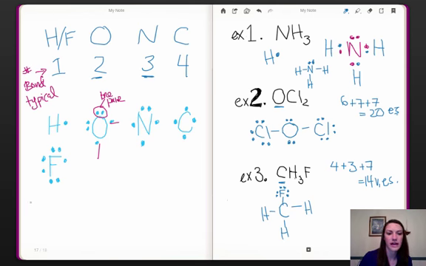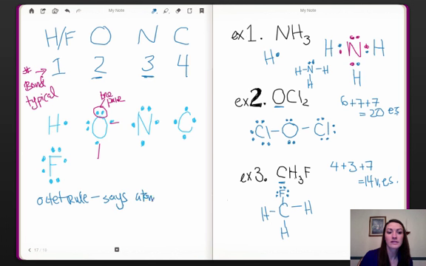And that's called the octet rule. Okay, so the octet rule says that atoms are satisfied by having 8 valence electrons.